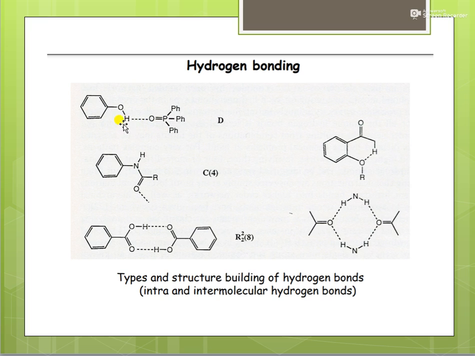It is covalently linked to it, and it is hydrogen linked with oxygen. But these are two different molecules. Just look here. This is an intermolecular hydrogen bonding. So either intermolecular, that is two different molecules can interact by hydrogen bonding, or within the molecule itself, intramolecular hydrogen bonds are also present.